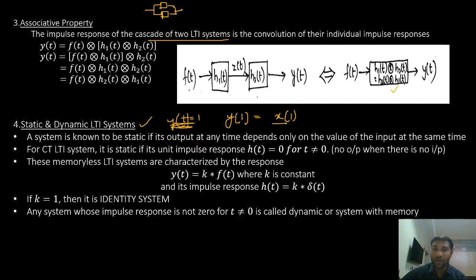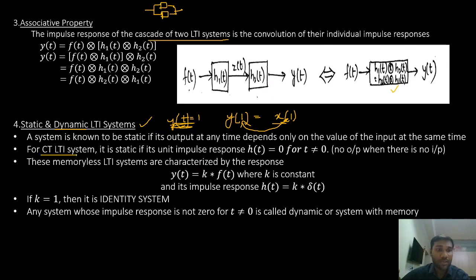That is, it should only depend on the input at the same time instant, and not on other time instances. If the system is like this, then we call it static. If it depends on other time instances also, then we call it a dynamic system.